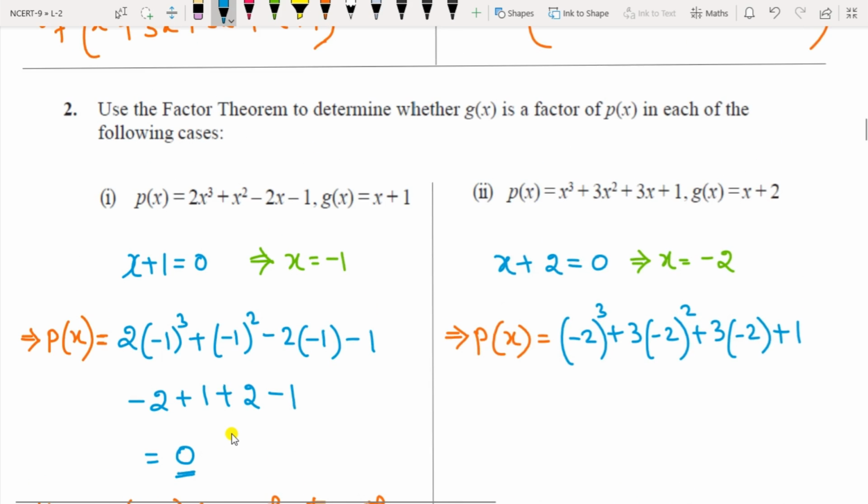Now here in this case, question number 2, the gx are different for each and every case. So x plus 2 is the gx here. So x will be equal to minus 2. Then solve now. Minus 2 cube is minus 8. This is minus 2 square is 4. 4 3 is 12. Then minus 6 and plus 1. Okay. So this becomes 8 and 6 is minus 14 plus 12 plus 1 is 13.